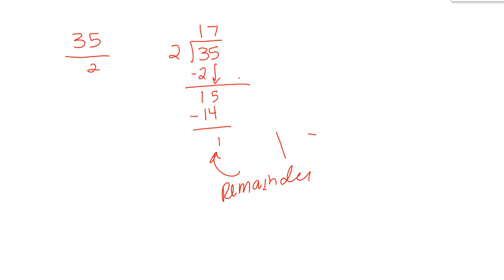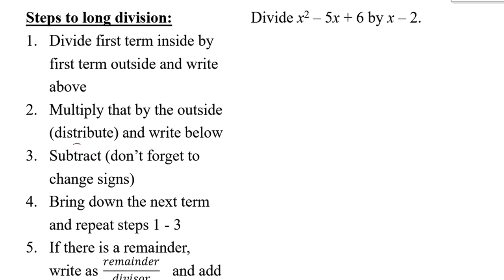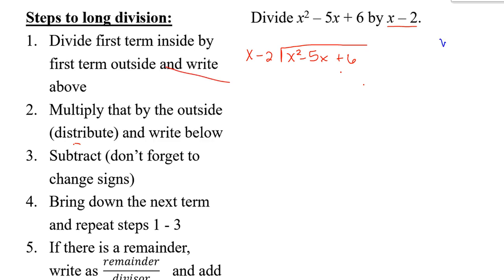Now this process for dividing polynomials is the exact same steps. So you're going to write it with the divisor on the outside and the dividend on the inside. Now what I do is I make a little work area out here to the side for me so that I can do my calculations and I make less mistakes.